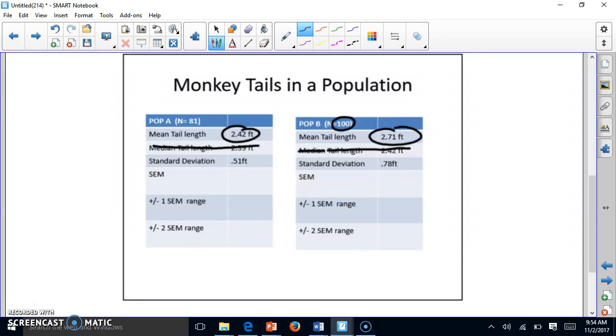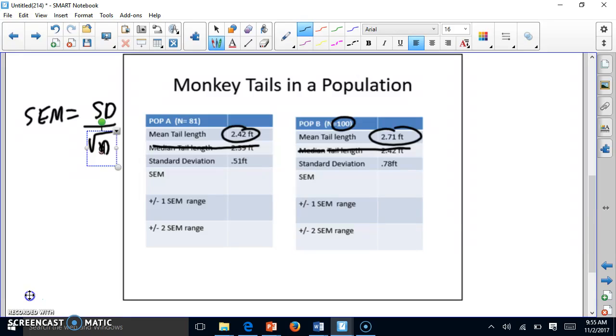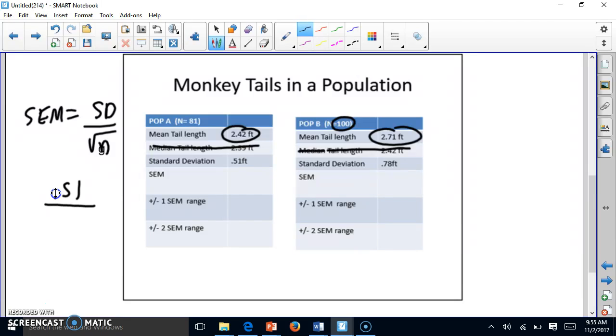The standard error of the mean, like we learned above, is the standard deviation divided by the square root of the number of organisms. So, for population A, the standard deviation is 0.51. And on the bottom, we need to take the square root of n.